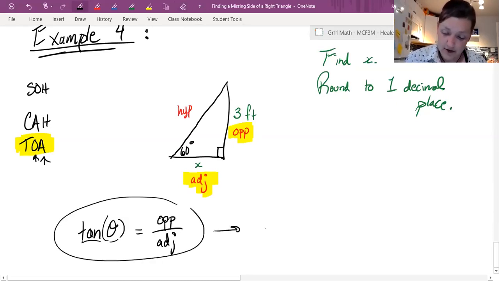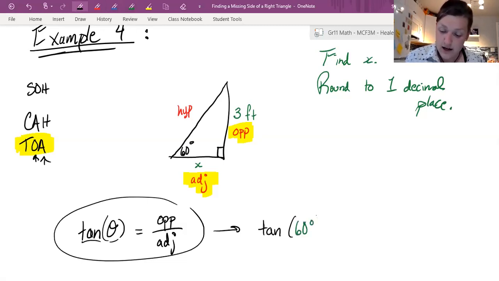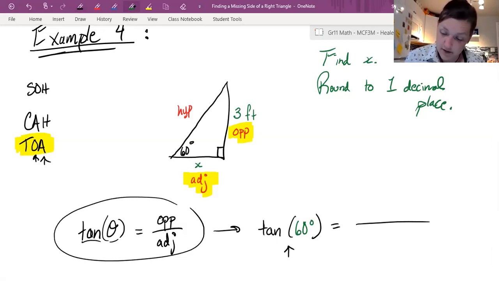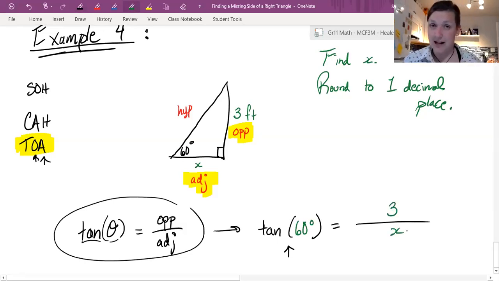We have the angle, so tan of 60 degrees equals the ratio between the opposite side, which we were given, 3 feet, and the adjacent side, which we were not given, we were just told it equals x.